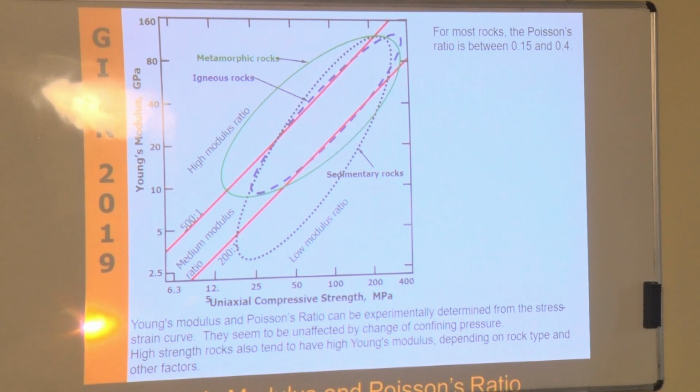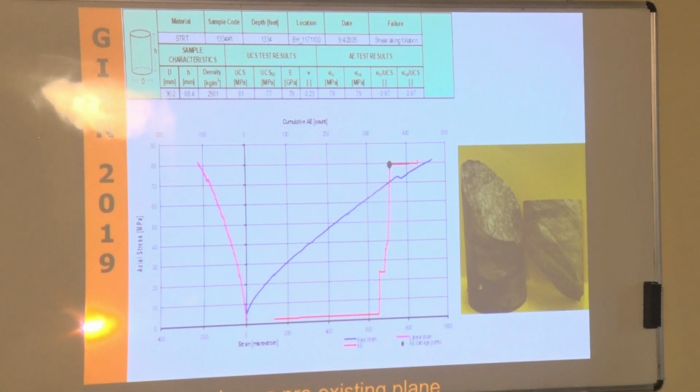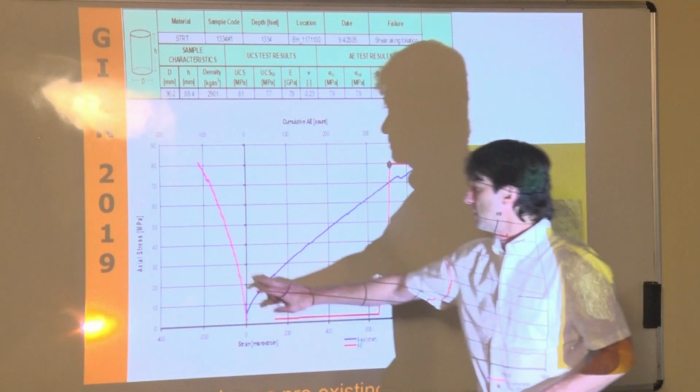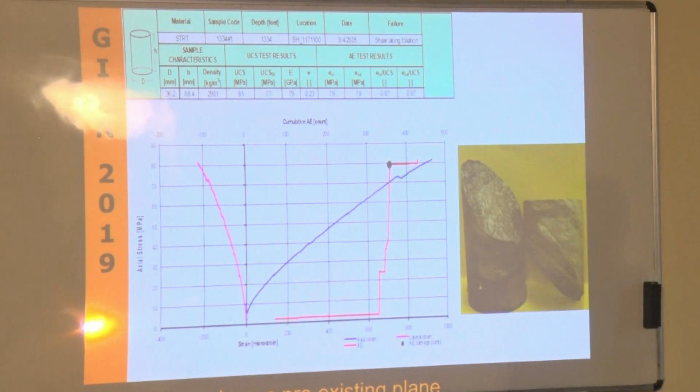Those are the values that you can expect. The other thing you need to remember, though, is that Poisson ratio assumes the rock behaves perfectly linearly. Then the problem is that when you look at, for example, what you measure on the radial strain, you never see really a straight line.